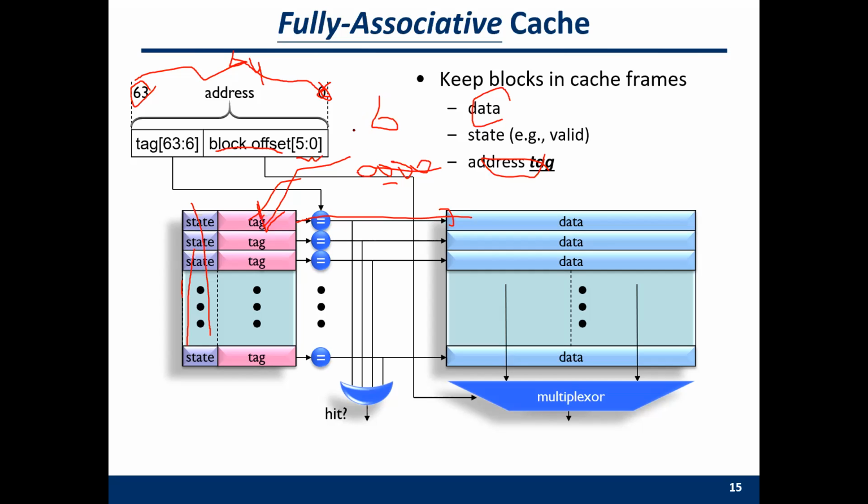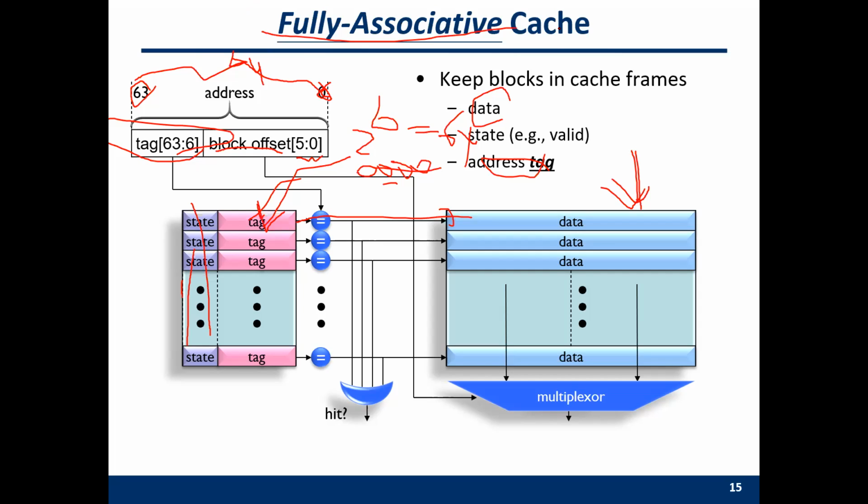By 6 bits, we can address 2^6, which is 64 bytes. So each line here is 64 bytes. And all the other parts are the tag. You can see that for the address, only the least significant 6 bits are used for the data, and all the other bits are for the tag.